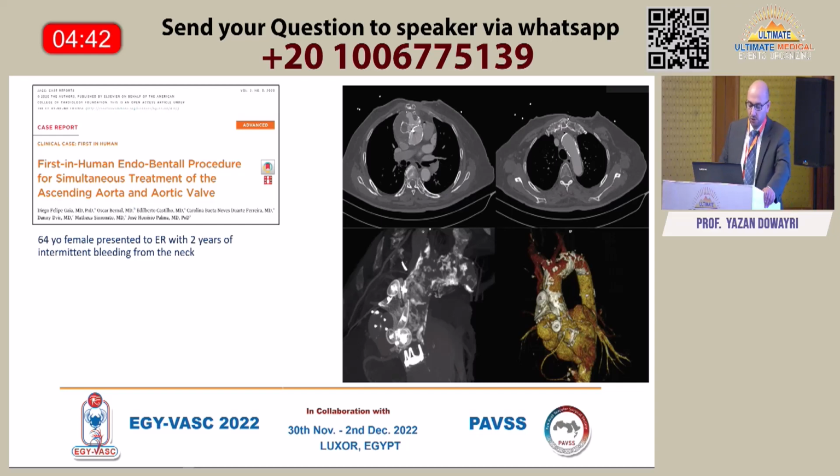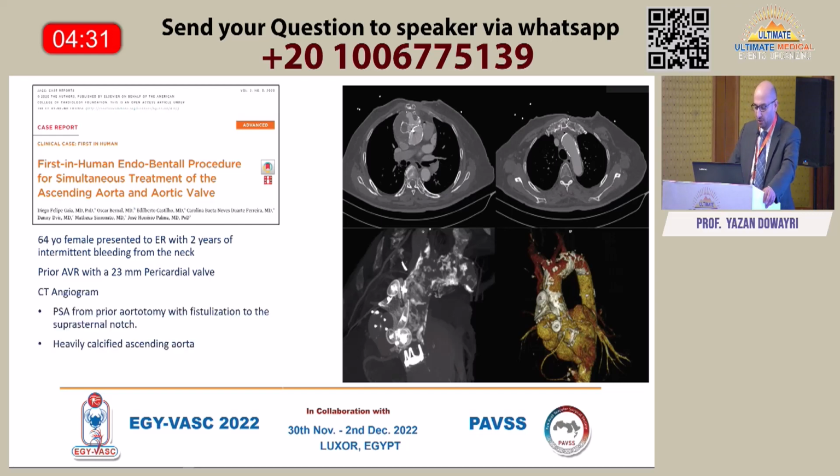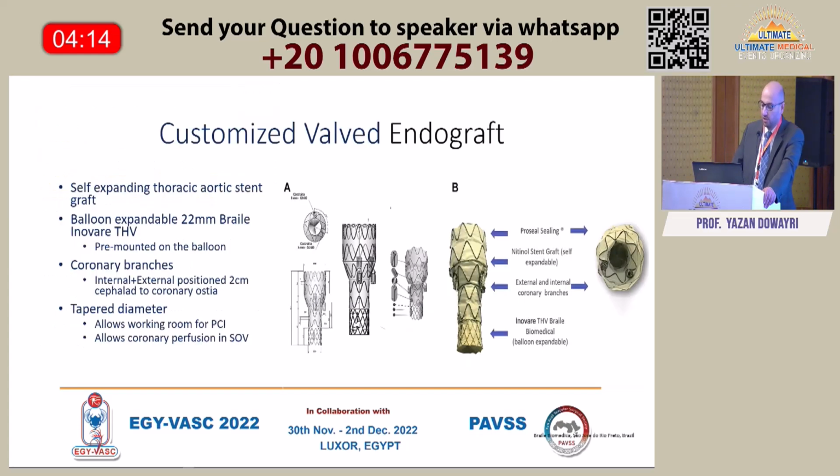This involved a 64-year-old patient who presented with bleeding from the neck. She had an aortic valve replacement prior to that, and her CT angiogram showed a pseudoaneurysm originating from the prior arteriotomy, and her CT scan showed significant calcifications. She was evaluated by the surgical team, by the authors here, and found not to be a suitable candidate for open repair, and therefore she was considered for endovascular Bentall procedure.